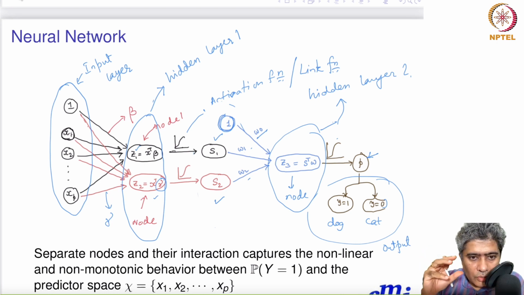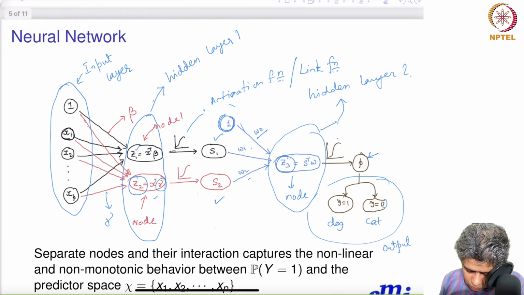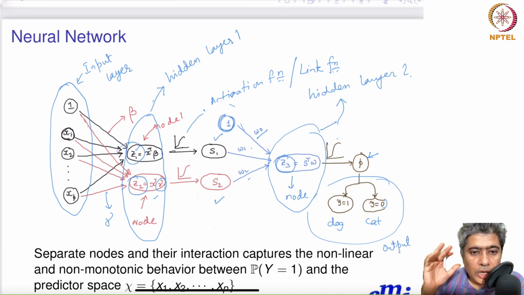Because you see, this puts in new engineered features. So Z1, Z2, Z3 are all engineered features. You can see them as engineered features. These nodes are nothing but engineered features.